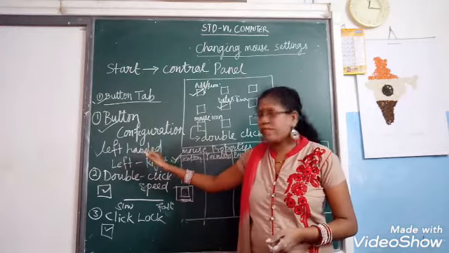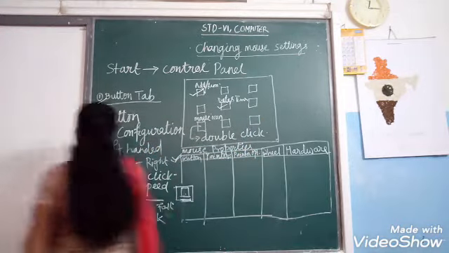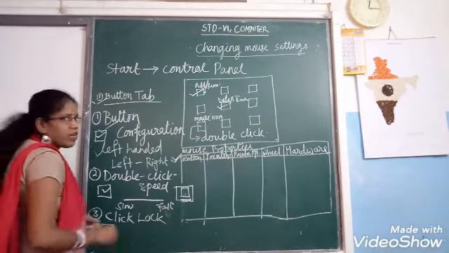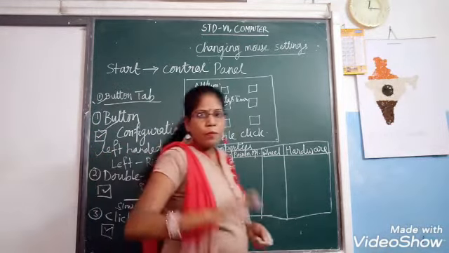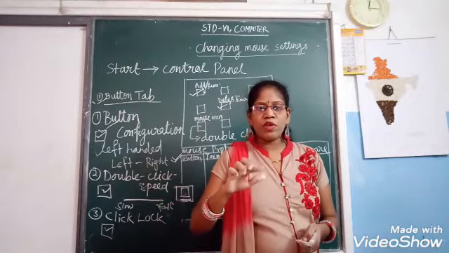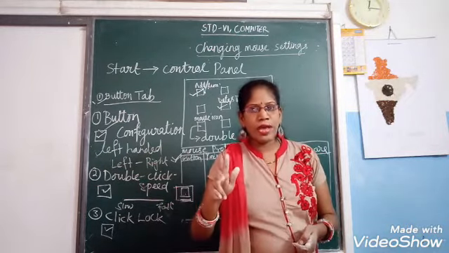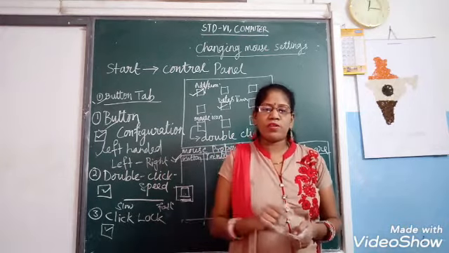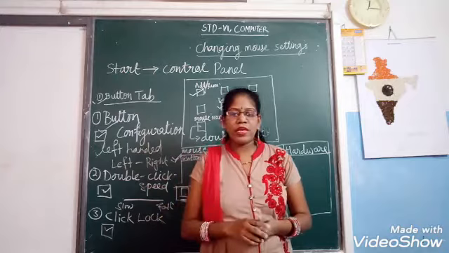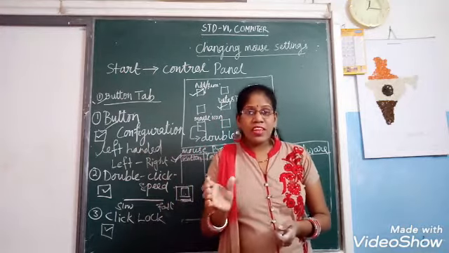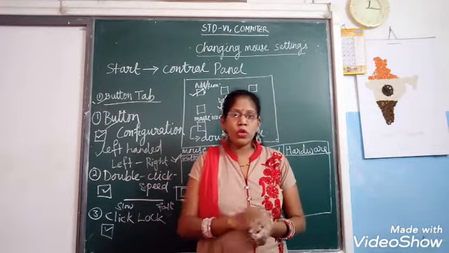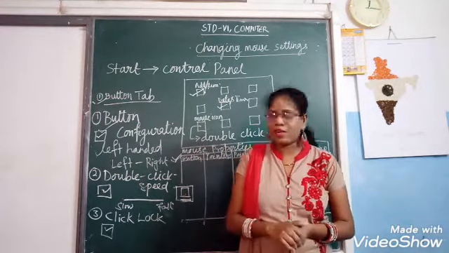In button configuration, a small check box will be there. When you check it, for a person who is left-handed, the left button will be interchanged to the right as your primary function key. And when you are doing double click, you can adjust the speed to slow or fast, as you require.